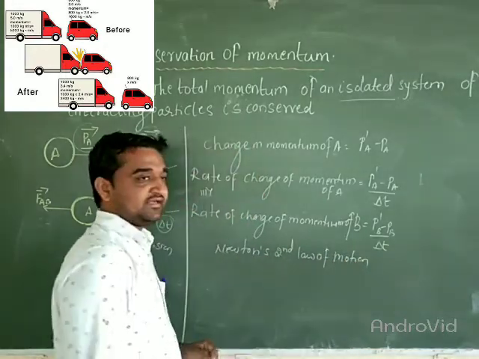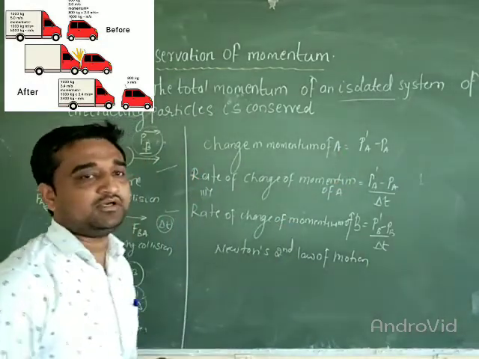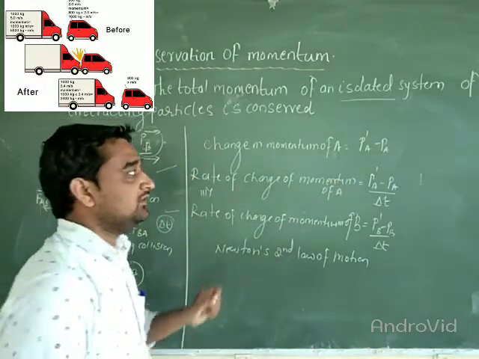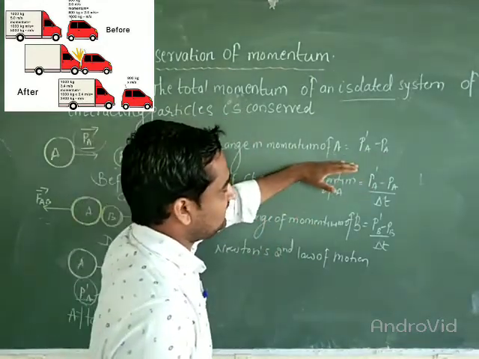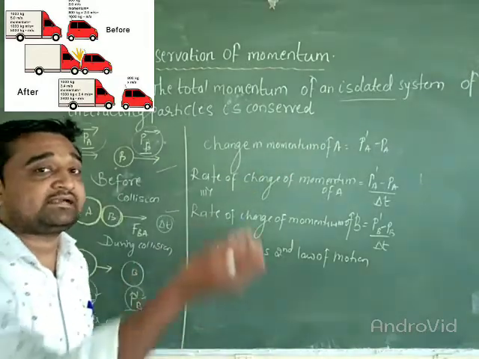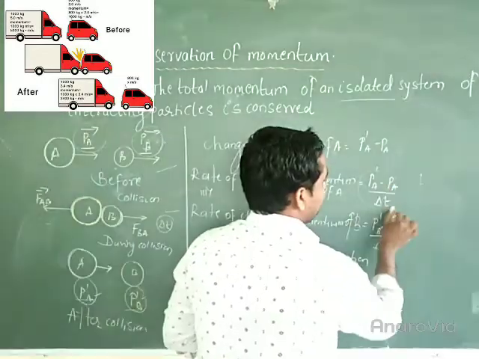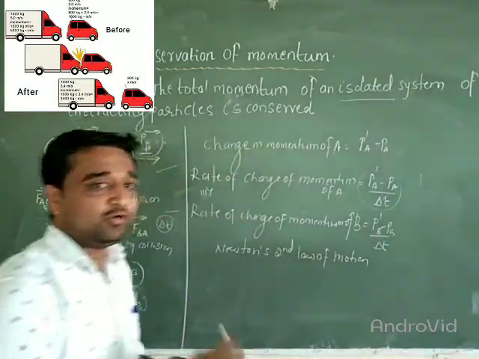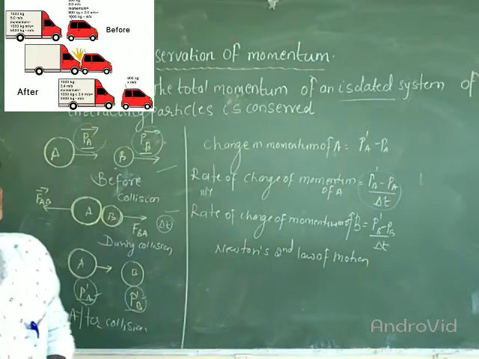According to Newton's second law of motion, this change in momentum of A is responsible for what? The rate of change of momentum of A depends upon the force acting on A by B. ಇಲ್ಲಿ ಎಷ್ಟು momentum change ಆಗಿದೆ ಅನ್ನೋದು ಯಾವ್ದ್ರ ಮೇಲೆ ಡಿಪೆಂಡ್ ಐತ್ರಿ? ದ ಬಾಡಿ B, right? ಬಾಡಿ A ಮೇಲೆ ಎಷ್ಟು ಫೋರ್ಸ್ ಆಕ್ಟ್ ಆಗ್ತದೆ ಅದ್ರ ಮೇಲೆ ಡಿಪೆಂಡ್ ಐತಿ.